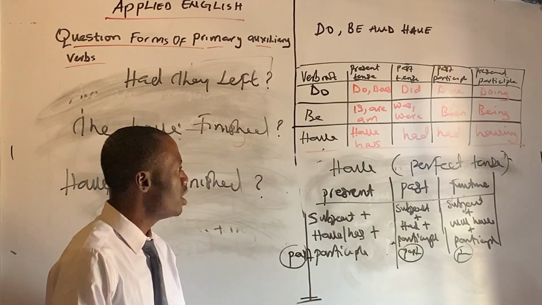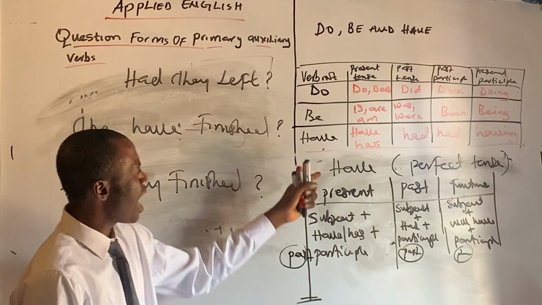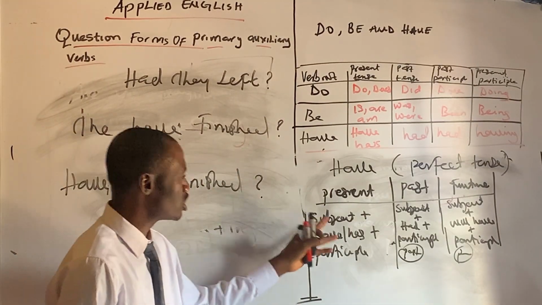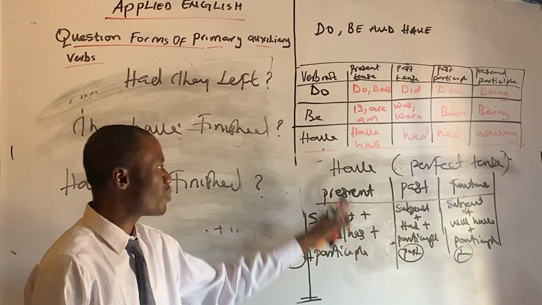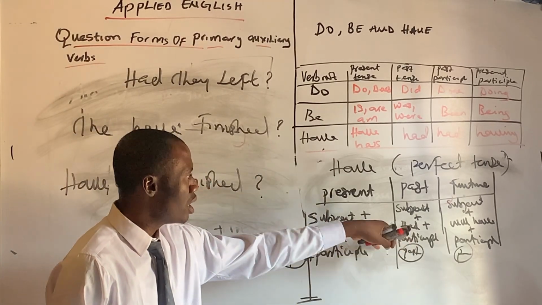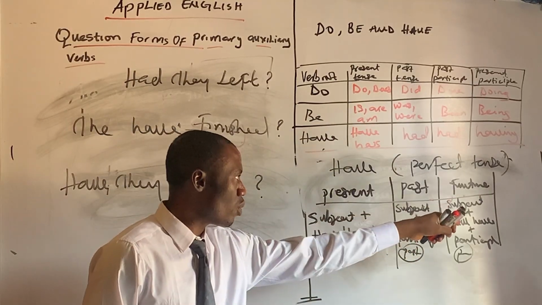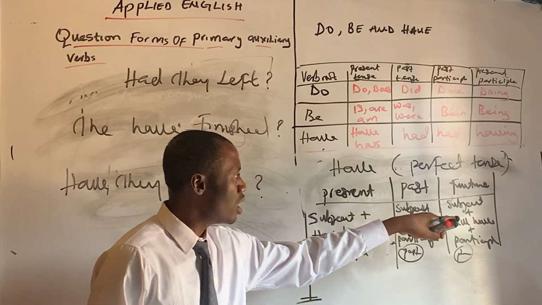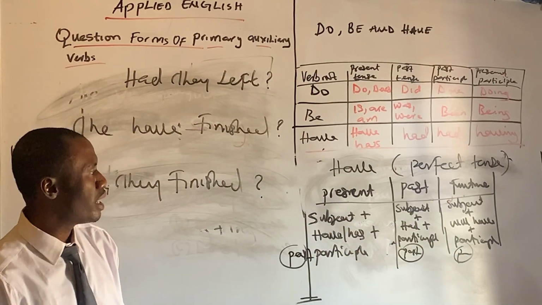Then for the be, follow the rule we gave you. That one is very easy. Then the have, you just understand we have a subject, we have have and has, and past participle for the present tense. The other one is had, past participle plus the subject, and then for future tense, we have will have plus past participle and then the subject.